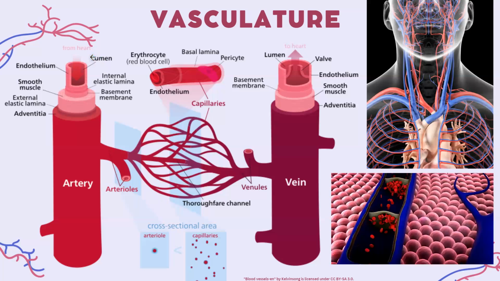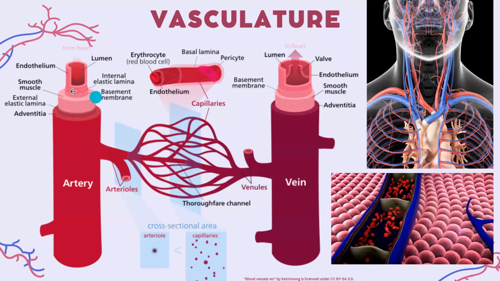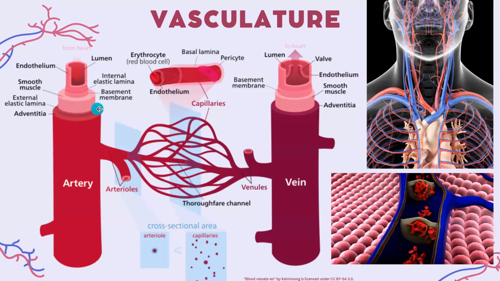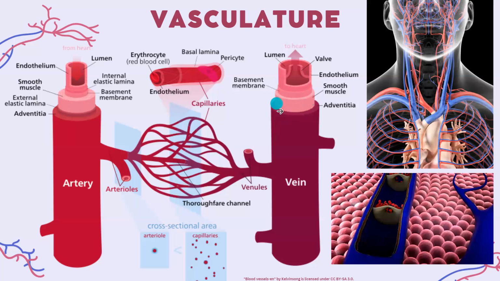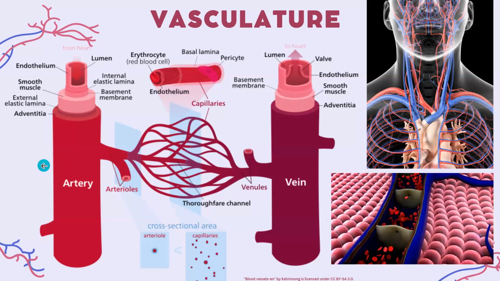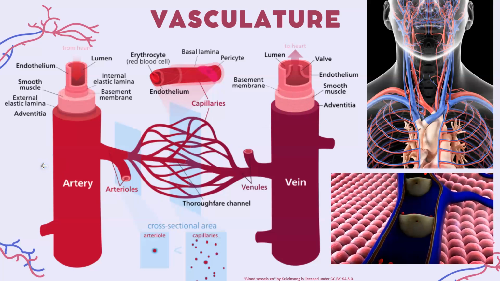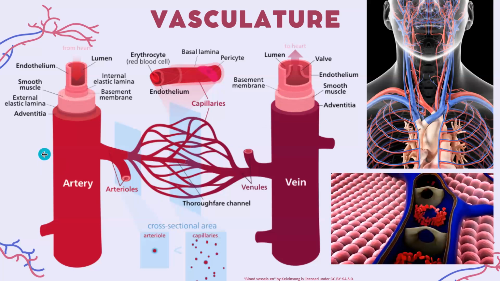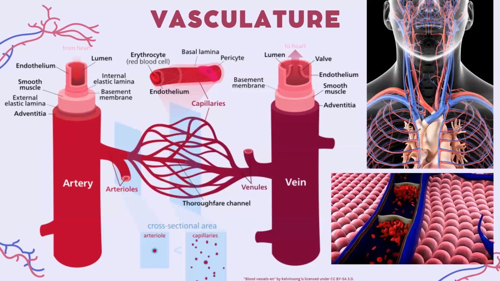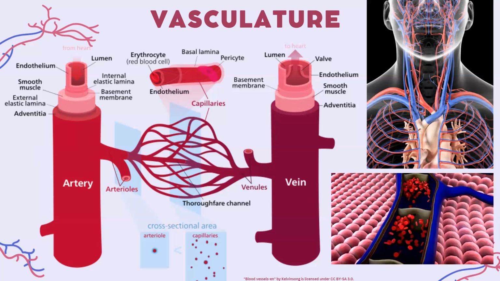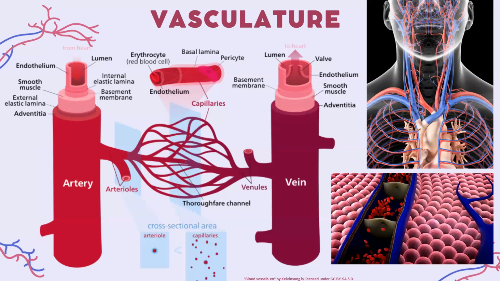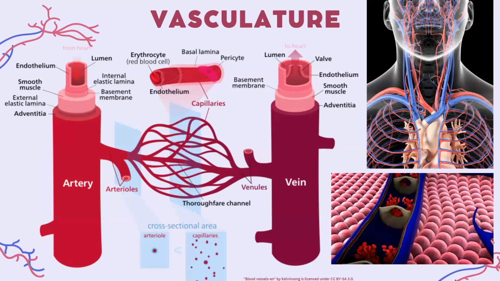What you should know here is that our smooth muscle layer of our arterial wall is much thicker than our smooth muscle layer in the veins. So our arteries have the ability to change shape. So they're more elastic than our veins, but we need muscle to be able to do that. So our arteries dilate or open up and constrict or get more narrow to regulate blood flow and also regulate temperature.